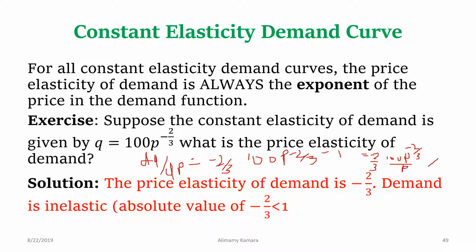So if we multiply this by P over Q, what happens? This will cancel this. Remember, this Q is the same as this term, right? It will also cancel this Q, right? Because Q, according to this equation, is 100 P to the minus 2 over 3. So what is our answer? Our answer is just this one, minus 2 over 3, right? And minus 2 over 3 here, absolute value is less than 1, right? So demand is what? Inelastic.